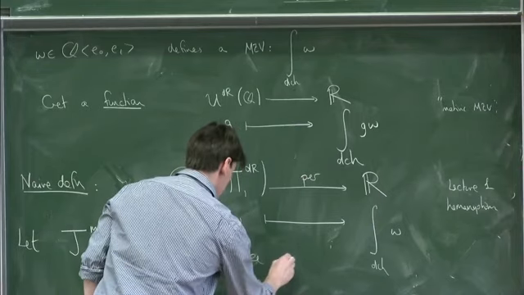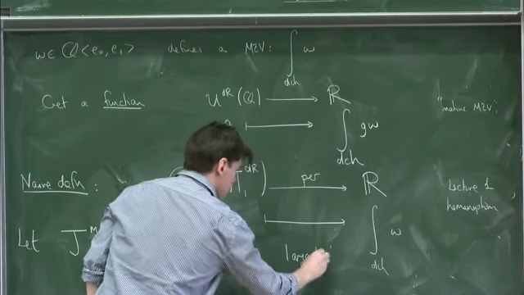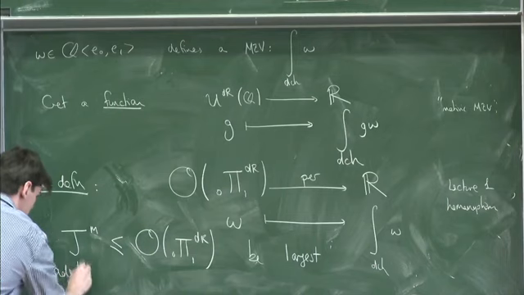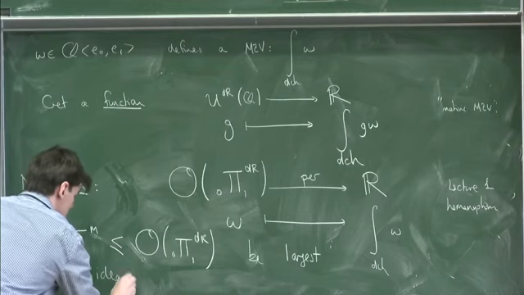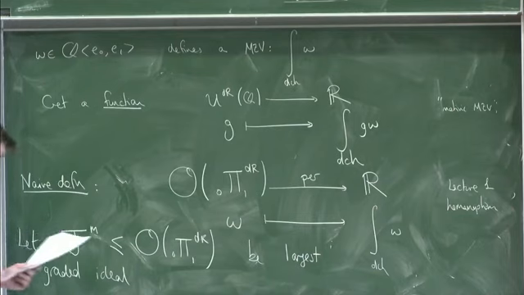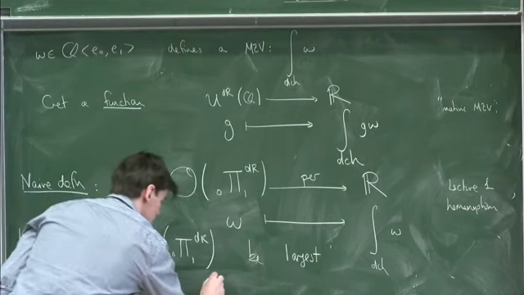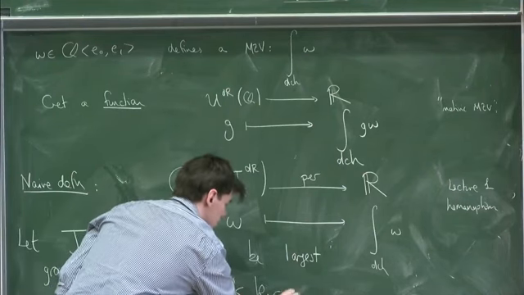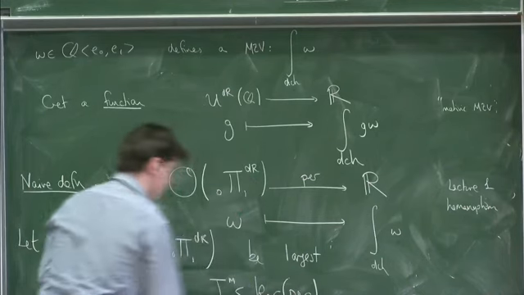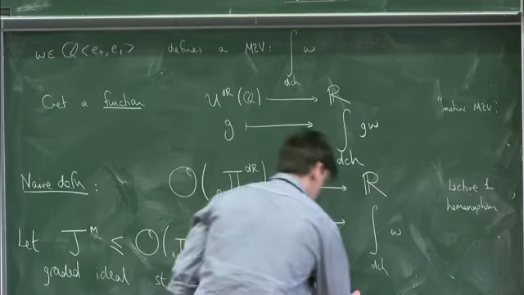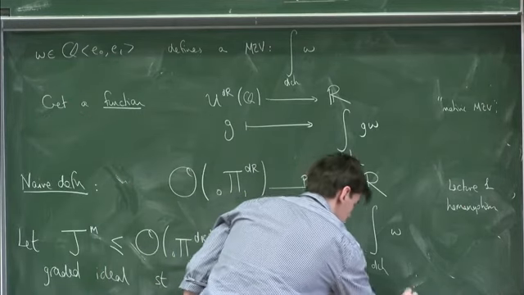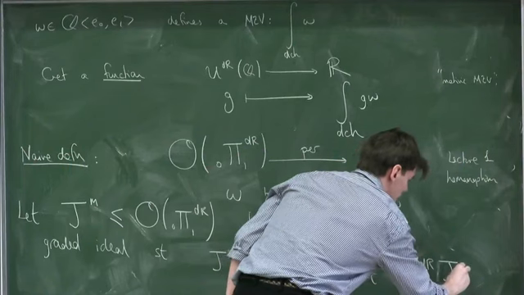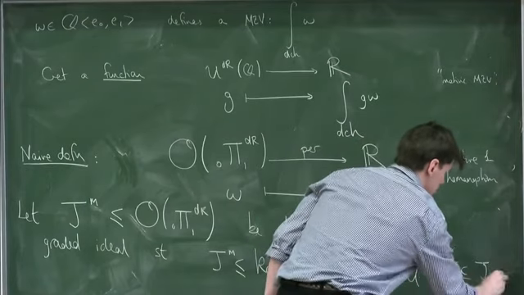So I can take the largest graded ideal such that J_m is contained in the kernel of the period map, and such that it's stable under the action of this group.